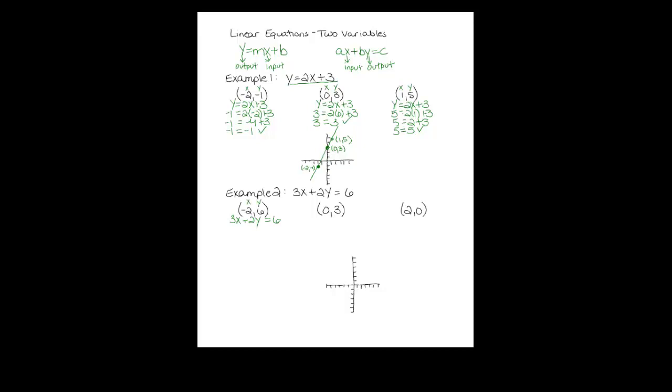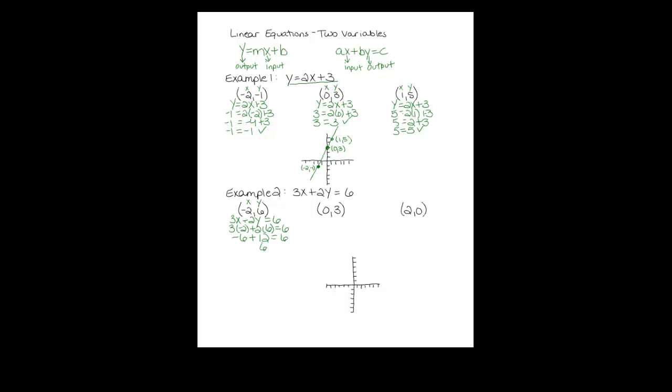Replacing the x with -2, the y with 6, we have 3 times -2 plus 2 times 6 equals 6. Working it out, 3 times -2 is -6, plus 2 times 6 is 12, equals 6.